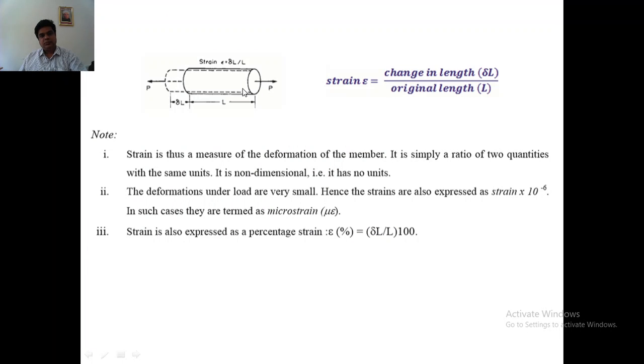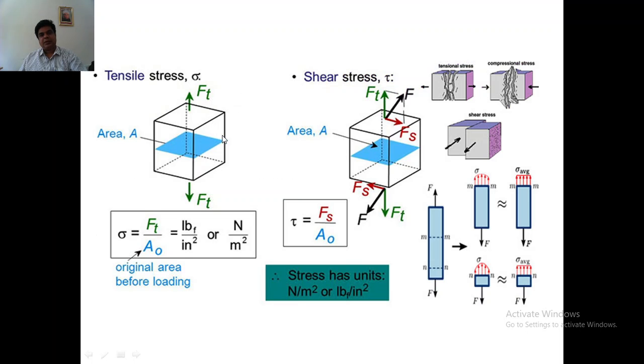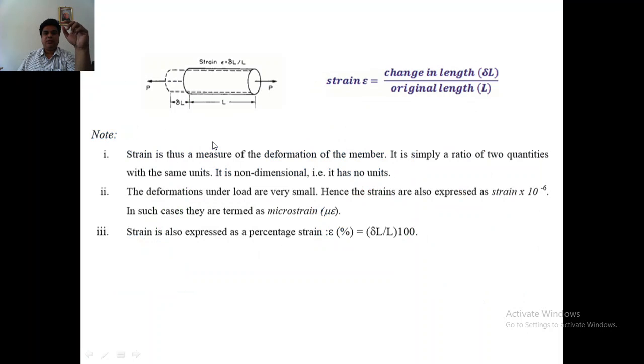Once we apply the load on the material, depending on the strength of the material, it will resist the applied load. For example, say I am applying 10 Newton here, it will elongate slightly.